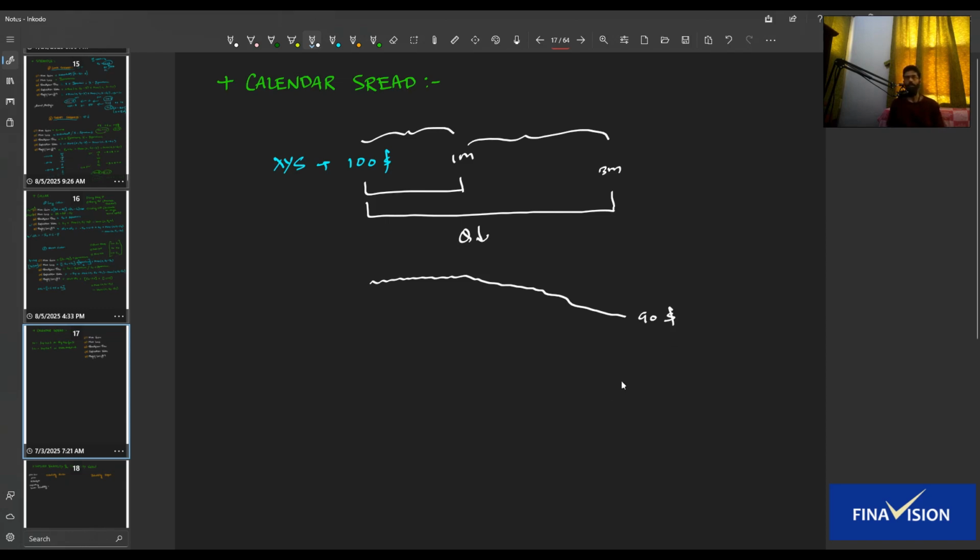Then what can happen in this case is the investor sells a put which is 1 month to expiry, and ATM, which means at the money, strike price of $100. This 1 month expiry put is sold, and a 3 month put, again an ATM put, is purchased.